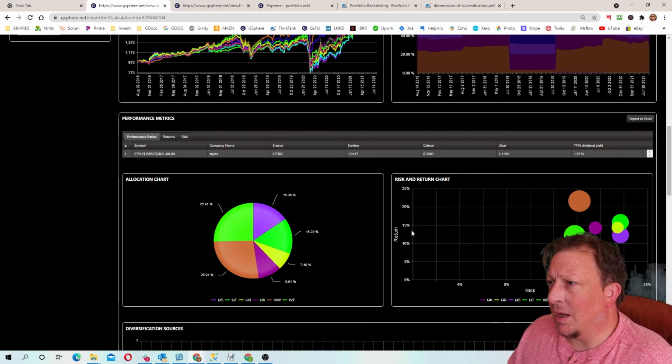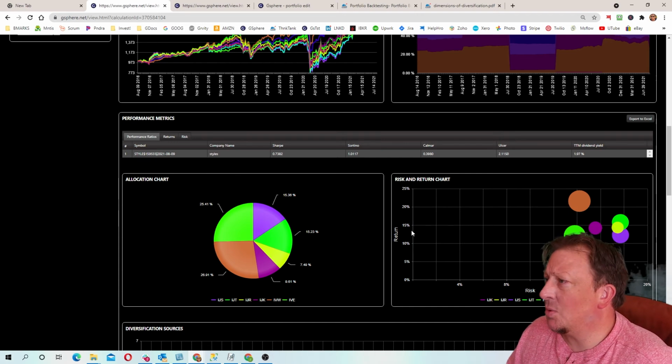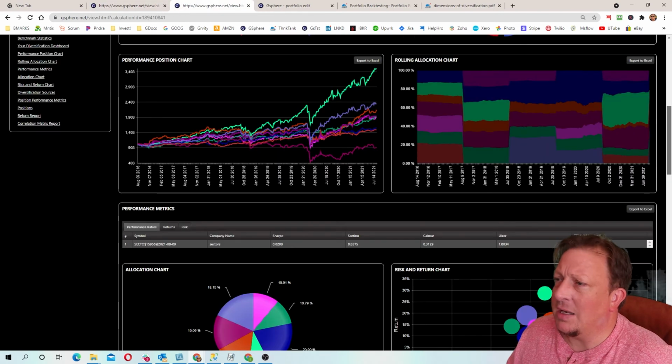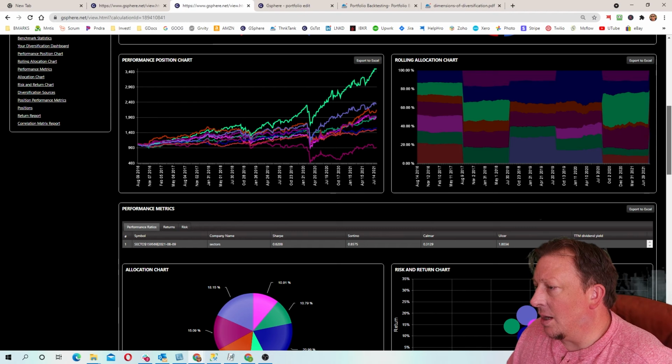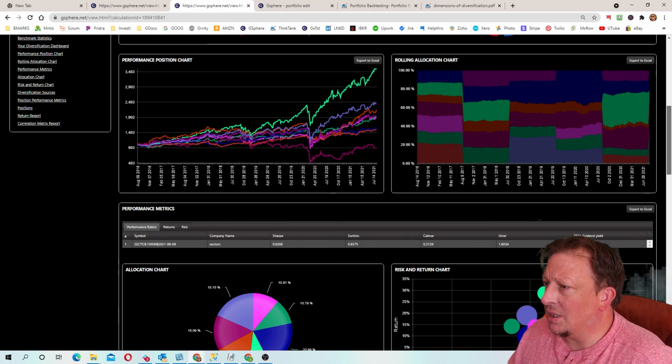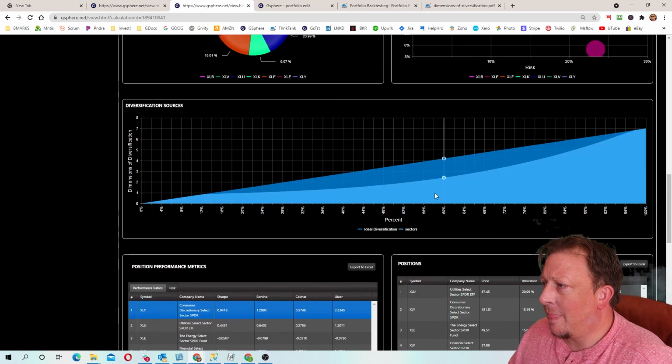Not great. Here's a second example. I just switched my screen. Now we're in a portfolio of sectors. We found that sectors tend to do a little bit better job of dividing the universe in a manner that offers non-correlation. And here's the chart on that. Looks like it fills it up a little bit better.